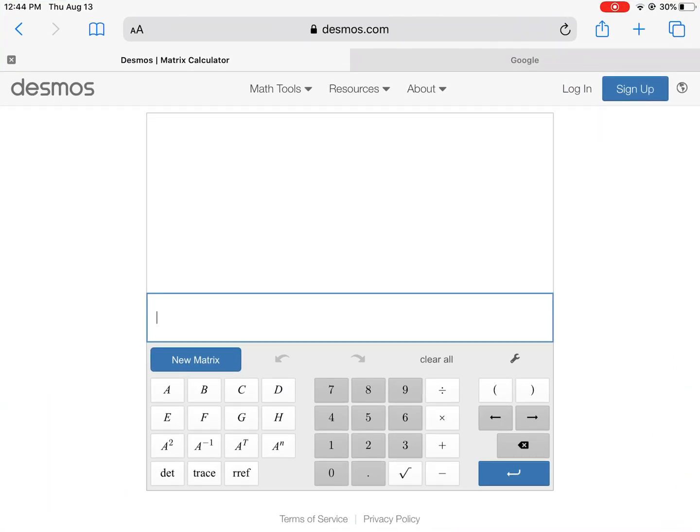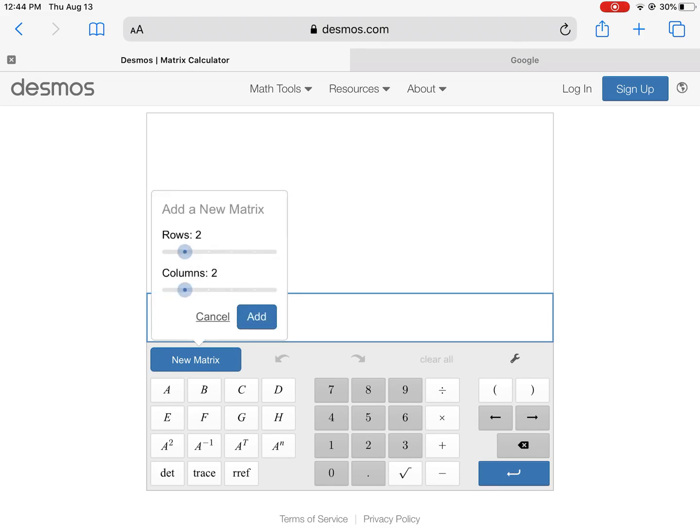And you should get a website that looks like this. To help solve this problem, what you can do is type in or tap new matrix. And in this case, the number of rows in this matrix was 3, and the number of columns in the matrix was also 3. I'm going to use all 3 equations for this matrix and show you it gets the same answer.